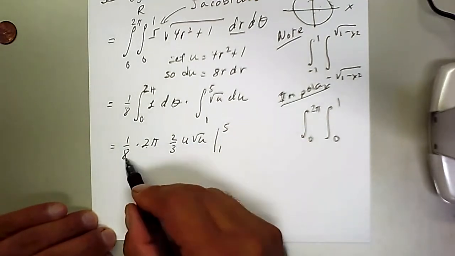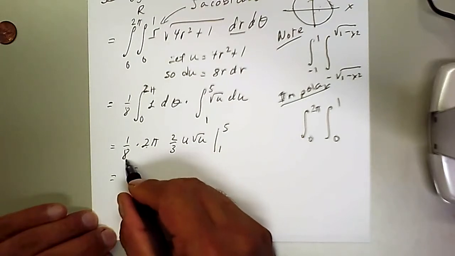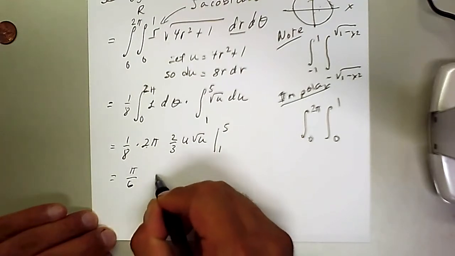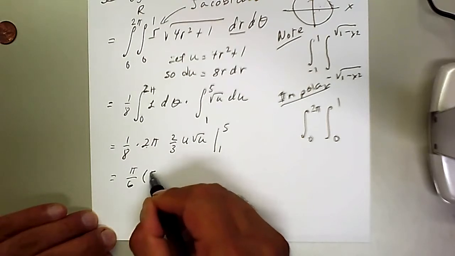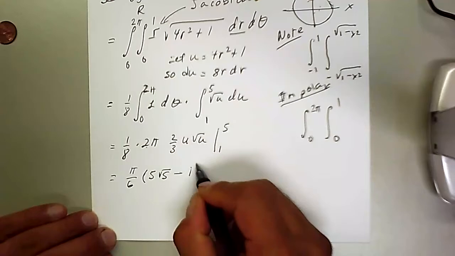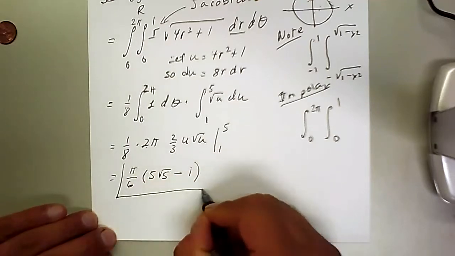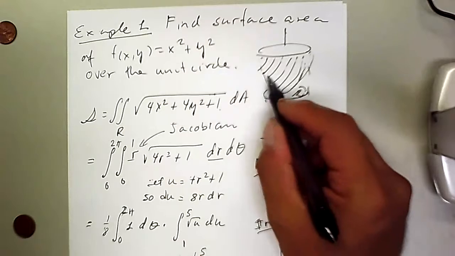So 2 times 2 is 4, simplify with the 8. So we have pi over the 2 left over with the 3, 6, times, in parentheses, 5 root 5 minus 1 root 1, which is just 1. So this is the exact area of the surface.